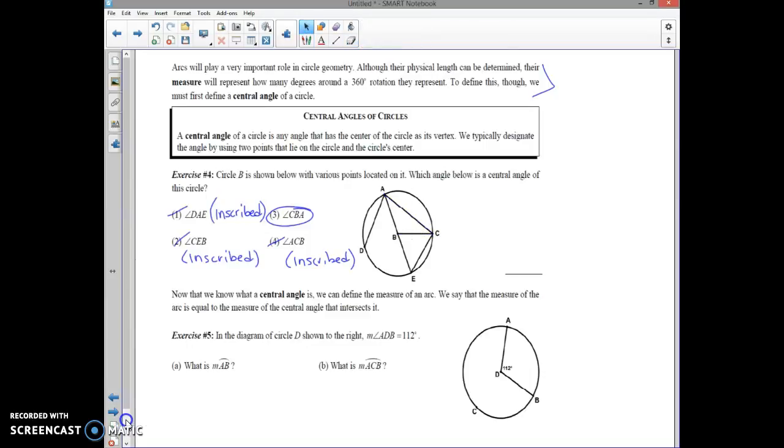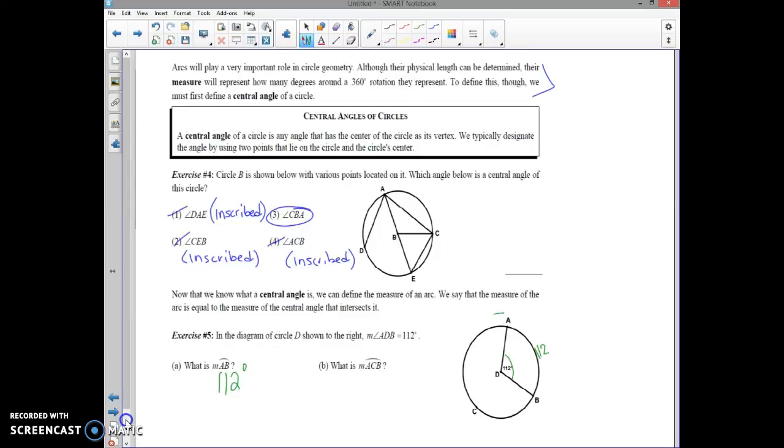And finally, the last question on these notes. Now that we know what the central angle is, we can define it. So for example, in the diagram below, here's a central angle because it touches the center of the circle. That means that arc AB is also 112 degrees. Central angles and arcs have the same measure.